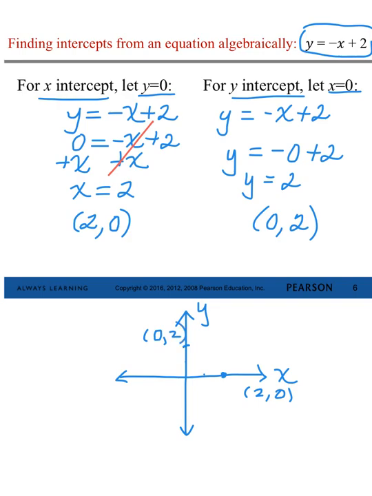And then normally what we would do is we would use a straight edge, which I can't do too well on this app that I have here, but we would connect up those 2 points with a nice straight line. A little straighter than mine, hopefully. And this would give us the graph of the equation y equals negative x plus 2.